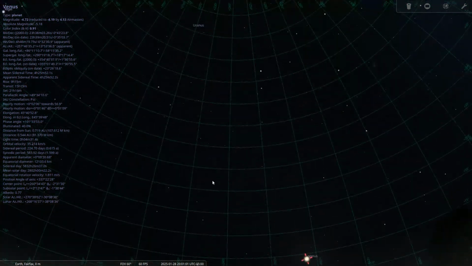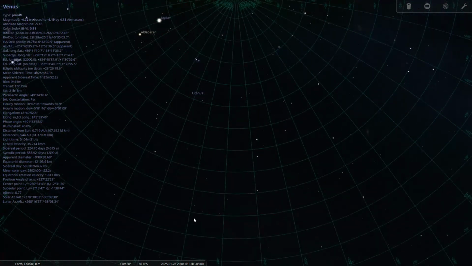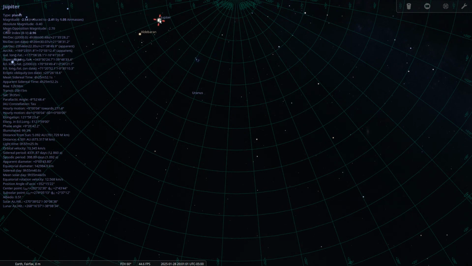Let's go to a different object. Let's go to Jupiter. Jupiter has a right ascension and declination of 4 hours, 39 minutes, plus 21 degrees, 38 minutes. Again, that is only true at my location in Fairfax at 8:01:01 Eastern Standard Time.